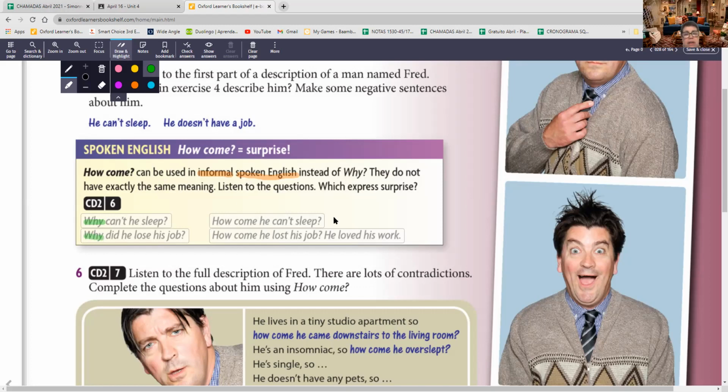Now here, if I ask using how come, then I'm not really looking for an explanation. I'm just showing shock or surprise because of this information. Imagine now, let's see this situation.